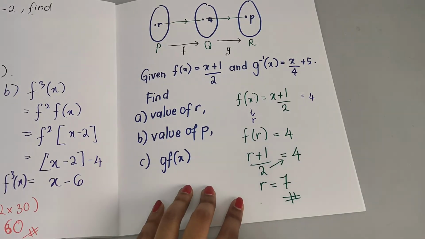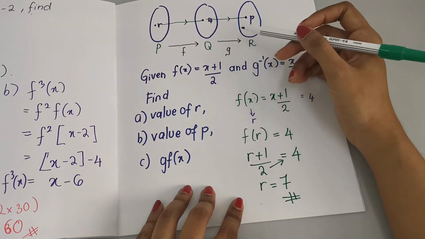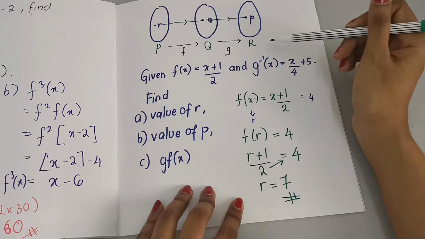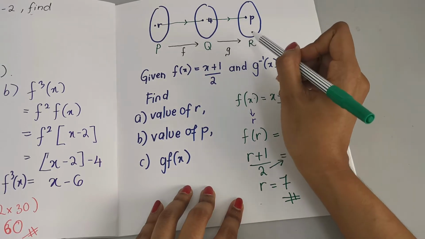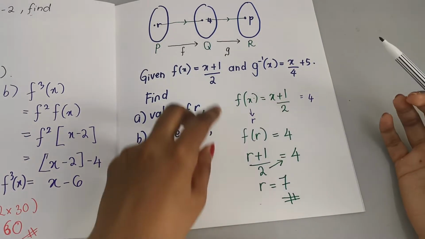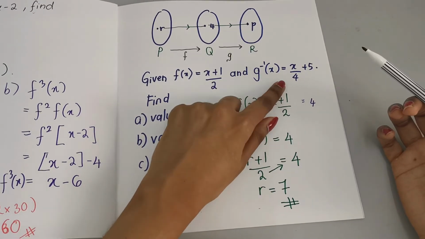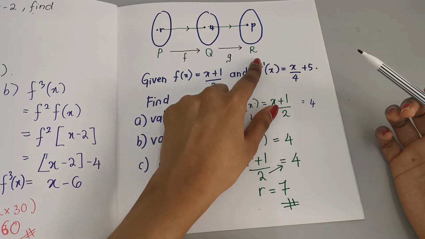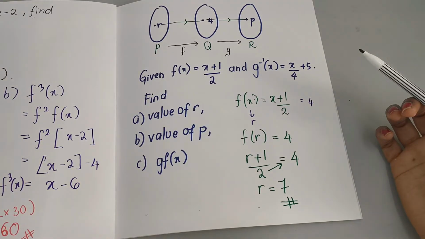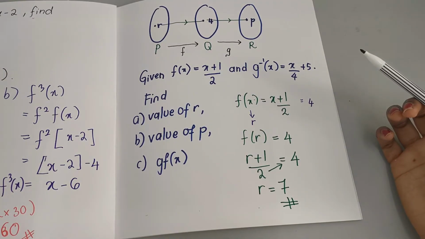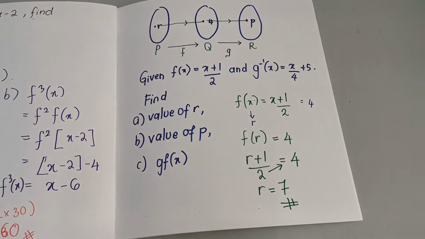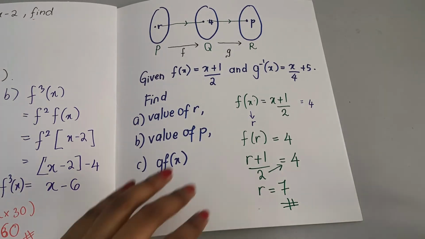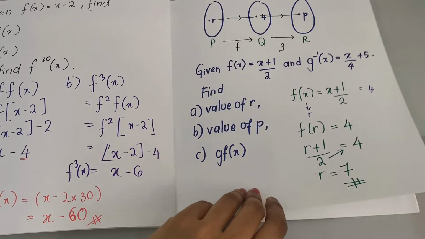Next, to find the value of p. To find the value of p, we are given the inverse of g(x). Inverse means the opposite way. So the inverse is given, but the function g itself is not given, which means we need to find it. Actually, we don't have to find function g, we can just use the information given.